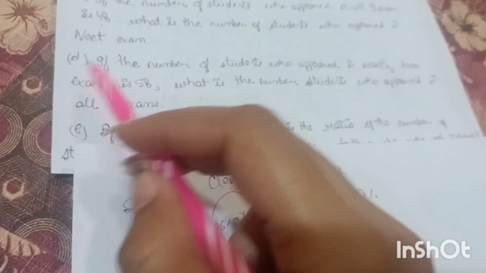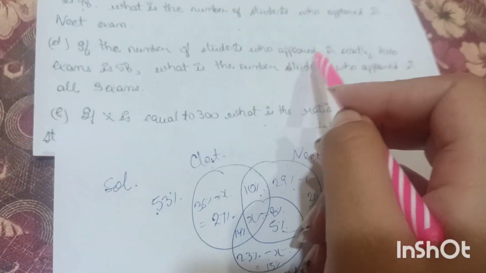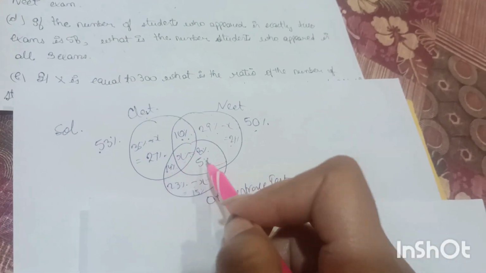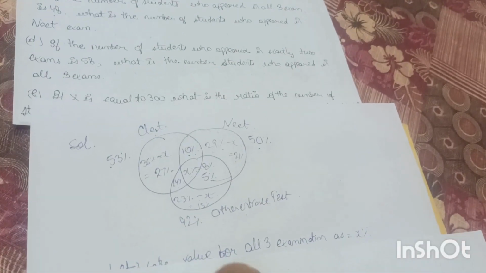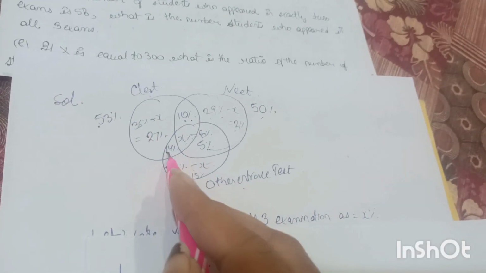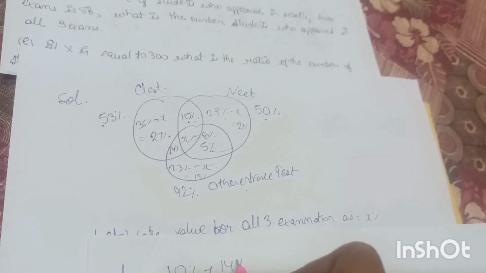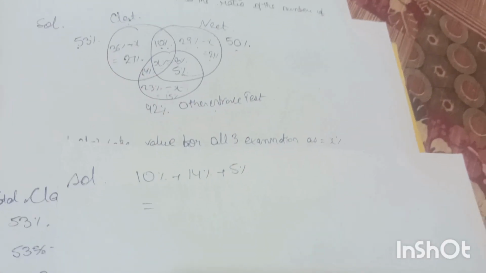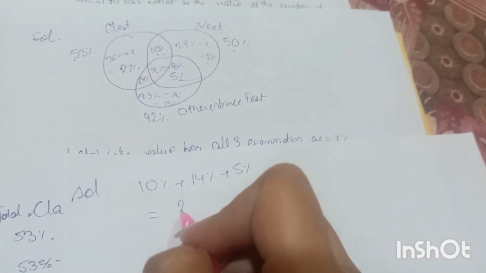Okay, so now let's go for D. You have been given that students who appeared in exactly 2 examinations is 58. Exactly 2 means this part and this part. So let's solve. Exactly 2 is this 10% plus 14% plus 5%. So you will get the total value as 29%.